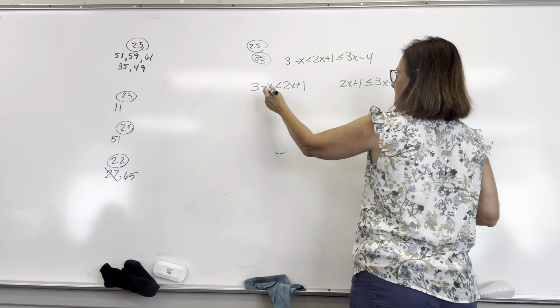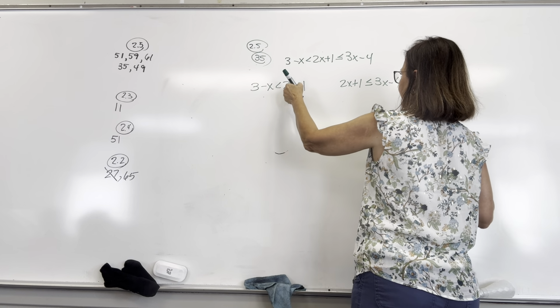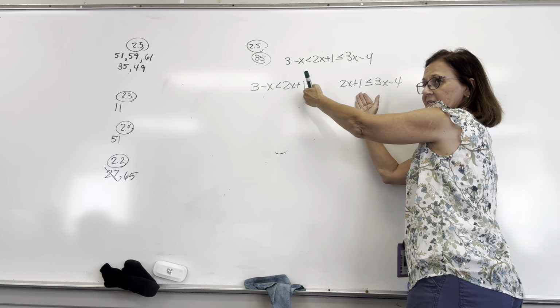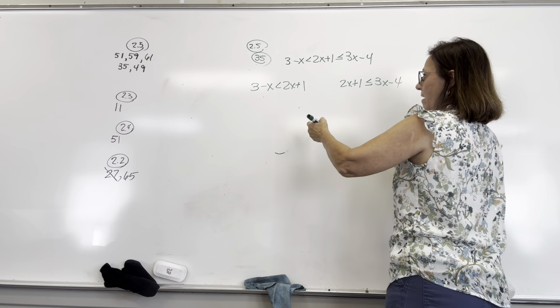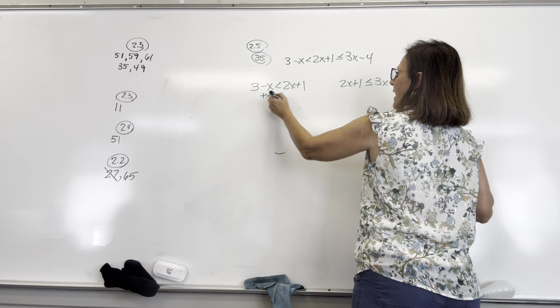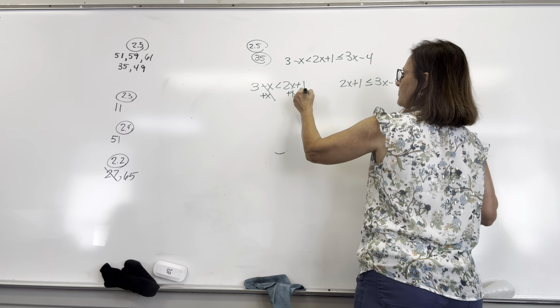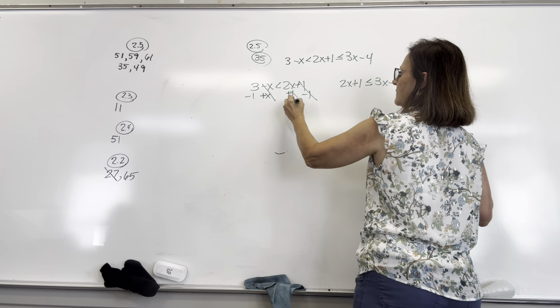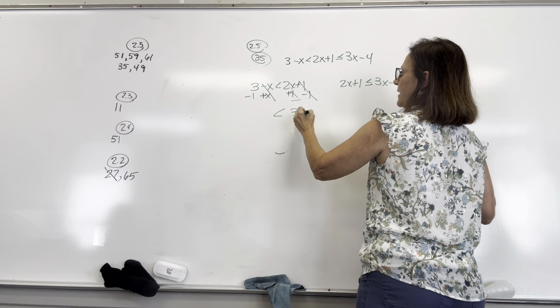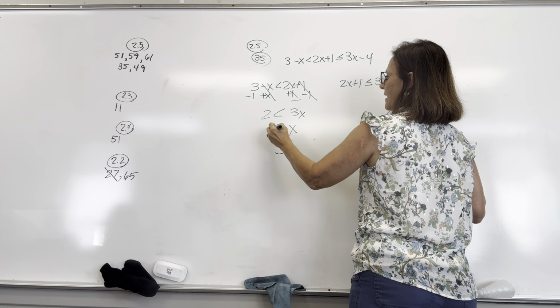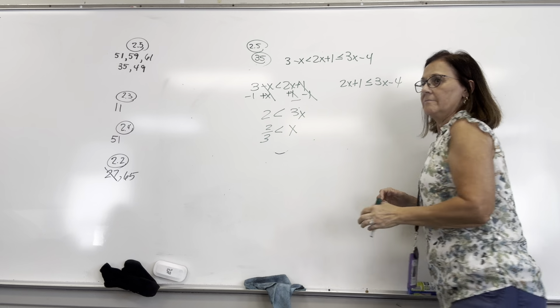All right, I'm going to move x here for this one, and I'm going to move x here for that one so that I have the x's next to each other. All right, so I'm going to add x and subtract 1. So I'm left with 3x less than 2, x less than 2/3.